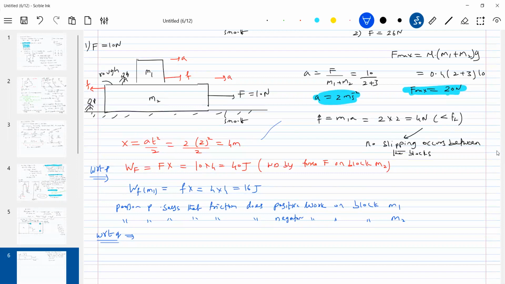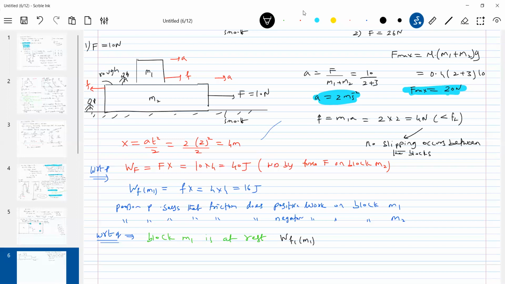Person Q, what does he comment? Block M1 is at rest. That's all, no? Then what is the work done by friction on the block M1 according to person Q?